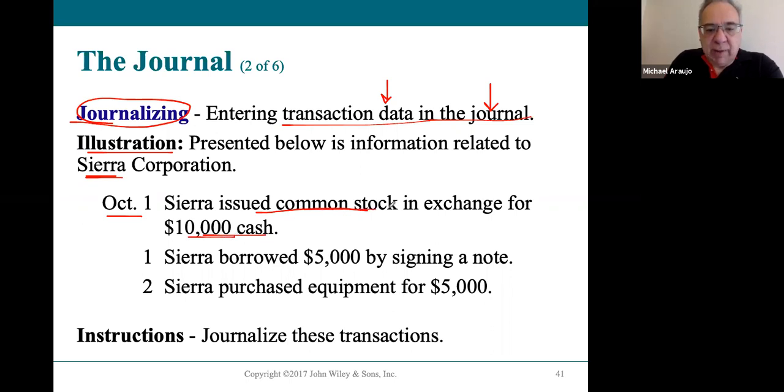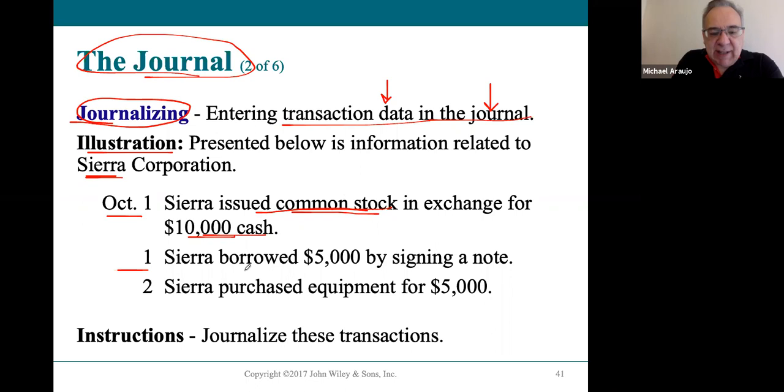We also know that common stock, being a stockholders' equity account, increases on the credit side, and we have more common stock. So we're going to credit common stock. This is all the stuff we had to analyze, right? Once we saw this transaction, the step we have to do next is journalize, and you'll see how that works very shortly.